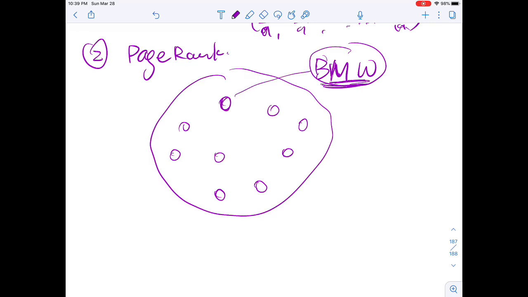Before Google, what people were doing is just looking at the text associated with each website. Maybe this website says something relating to BMW, and it also says something related to car.